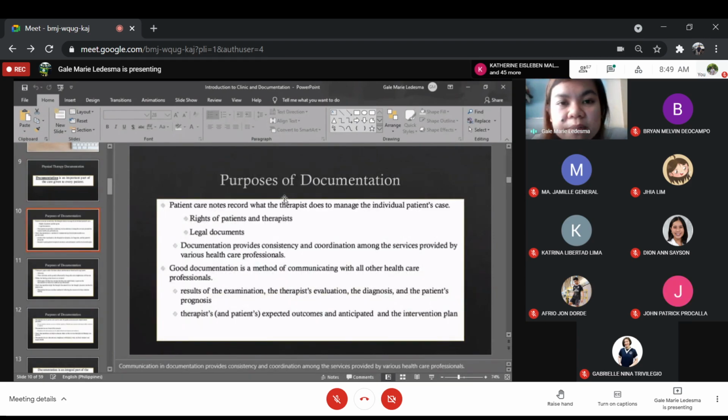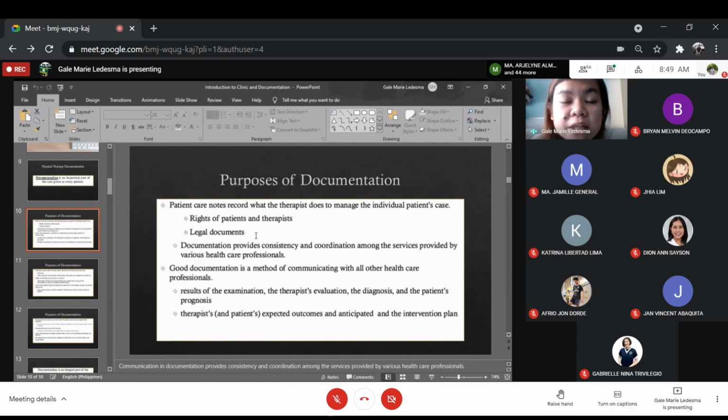the purposes of documentation as well would also dwell on patient records, to know what the therapist does to manage the individual patient's case. It is also the rights of the patients and, of course, the rights of the therapists. Okay, and this is considered to be a legal document, so please take this documentation very seriously if you really want to work as a physical therapist.